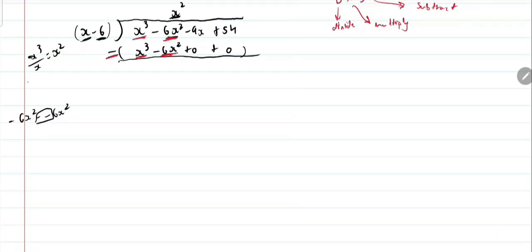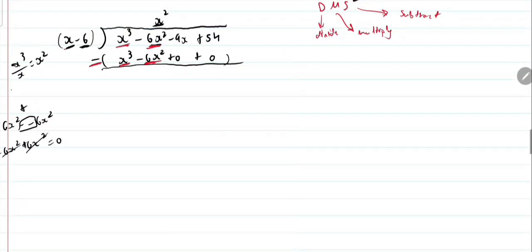This is effectively plus, right? So I have minus 6x squared plus 6x squared will give me 0, right? And minus 9x minus 0 is minus 9x. 54 minus 0 is 54.